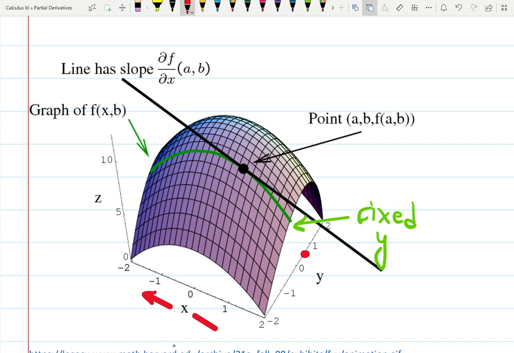When we're fixing a variable, that creates one unique path from all of those different ones. We're fixing one. Then this derivative will give me the equation of this tangent line. We know that. And at the point, it gives me a slope. We know that. And this point is location a, b, and the height f of a, b. We know that. x, y, z.